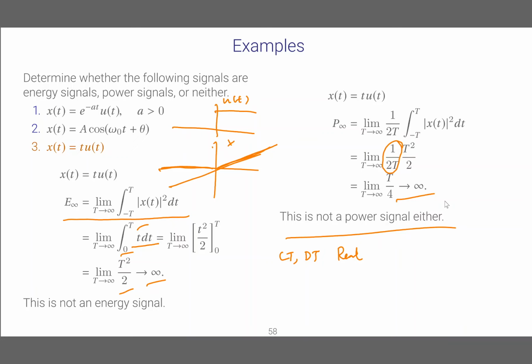Then we studied the unit step and unit impulse in continuous time and discrete time, and we saw the relationship between the impulse and the step. Afterwards we studied energy signals and power signals. Signals like this are usually energy signals, and periodic signals like the cosine are usually power signals. And if you have a signal that grows with time, it is neither an energy signal nor a power signal.